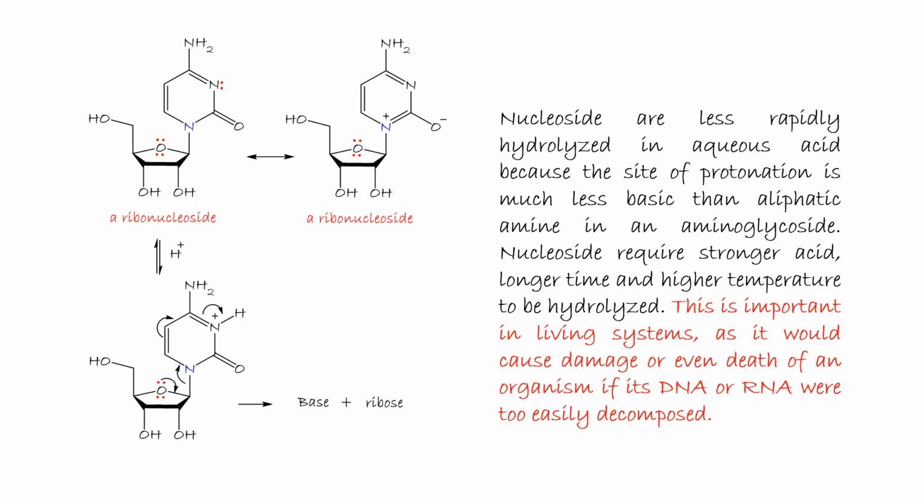Nucleosides are less rapidly hydrolyzed in aqueous acid because the site of protonation is much less basic than the aliphatic amine in the aminoglycoside. Nucleosides require stronger acid, longer time, and higher temperature to be hydrolyzed.